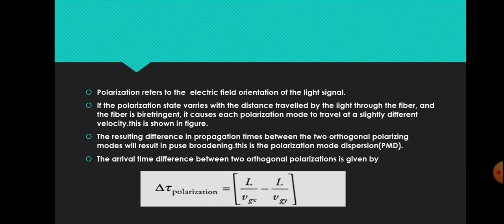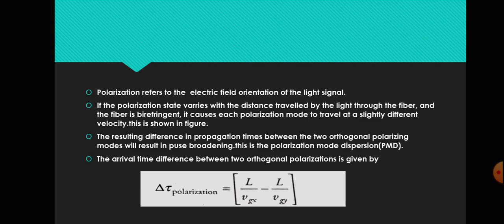So if the polarization state varies with the distance traveled by the light through the fiber, and the fiber is birefringent, it causes each polarization mode to travel at a slightly different velocity, and that we have discussed with the help of a diagram. The resulting difference in propagation times between the two orthogonal polarizing modes will result in pulse broadening, and this is the polarization mode dispersion.